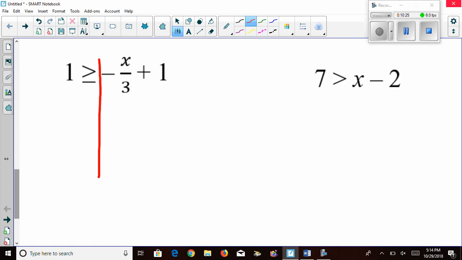I again need to start by adding or subtracting anything away that does not have a variable. I see that that plus 1 has no variable attached, so I'm going to start by subtracting 1 on each side. To get 0 is greater than or equal to negative x over 3.